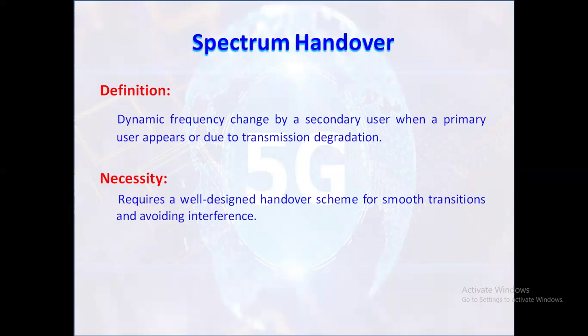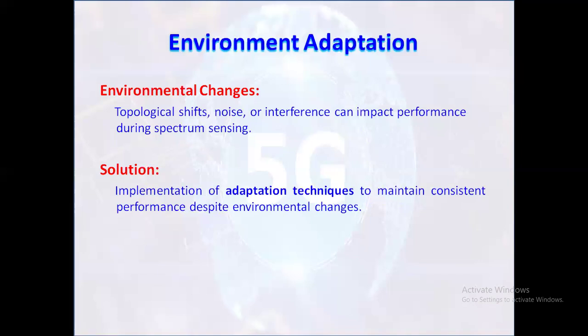However, when a primary user starts transmitting or the quality of the secondary user's transmission drops, the secondary user must change its frequency to avoid interference or signal degradation. This process is known as spectrum handover. It is critical for ensuring that secondary users can maintain communication without disrupting primary user service. To achieve this, a well-designed handover scheme is required, which ensures smooth transitions between frequencies and minimizes disruptions in service.